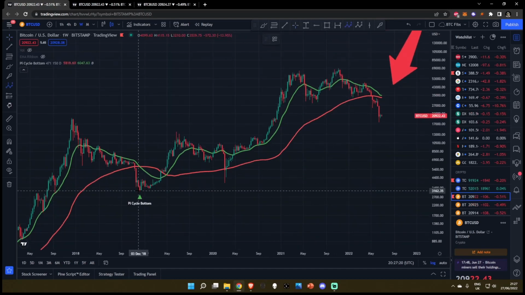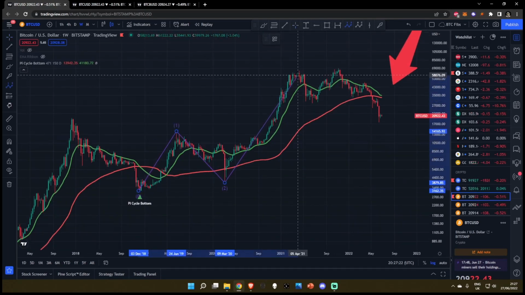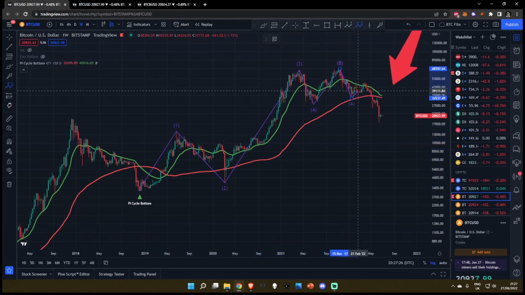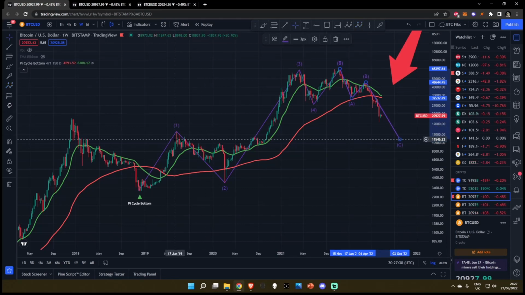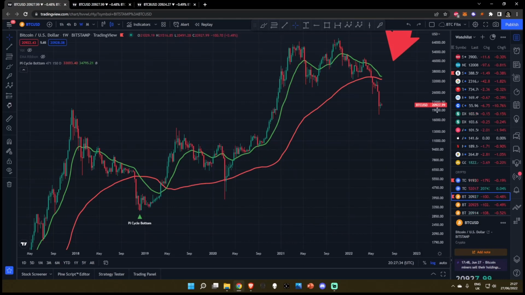Now, just quickly, obviously we've got your 1, 2, 3, 4, 5, and we are in your A, B, C. So this should not close below the one wave on the weekly time frame. So subsequently, these are my macro price targets.